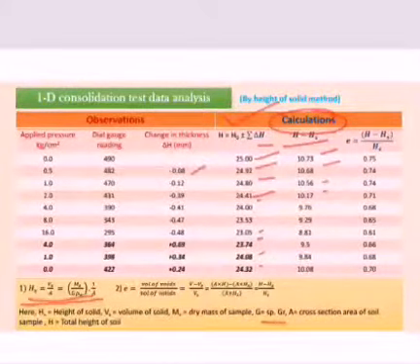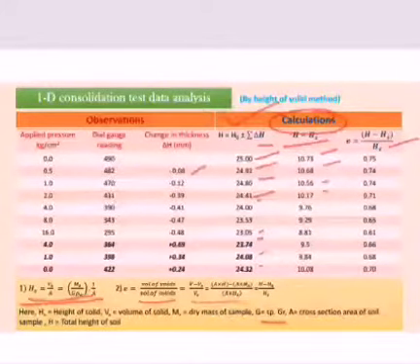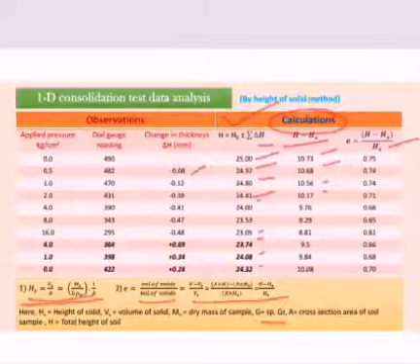Okay. Now finally we need to find E, that is the void ratio. The void ratio is the volume of void divided by volume of solid. Now the volume of void is V minus Vs, divided by Vs. By using this formula we can easily find the void ratio.